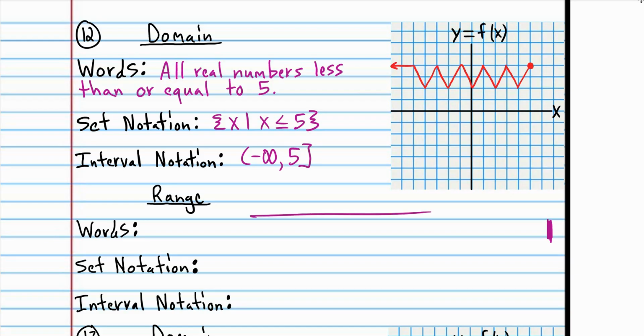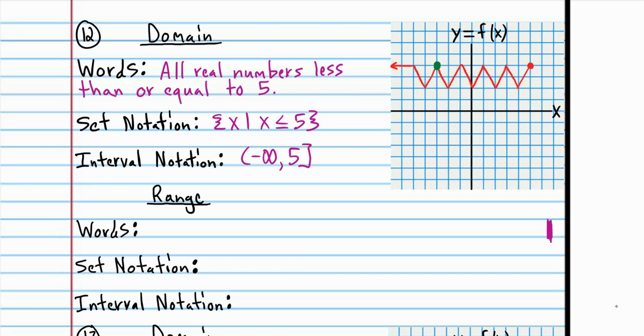So that means if we have an interval, we have 5 here, and our x values can be anything less than 5. Now notice that all the points on this graph have y values that are between 2 and 4.